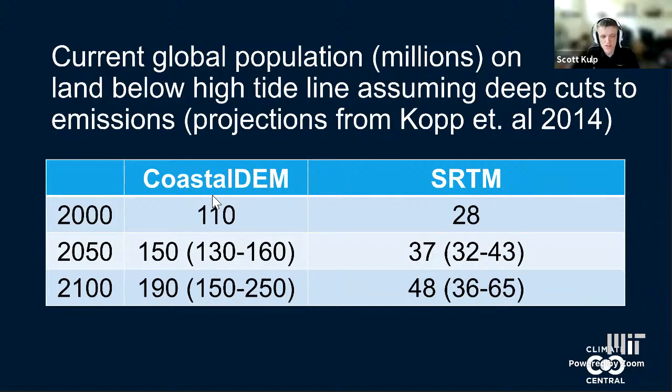This is an interesting one. This is 2000, so this is the estimated number of people under the high tide line today. Both SRTM and CoastalDEM predict a lot today. Again, we don't consider any coastal defenses, so both these DEMs see all of Louisiana underwater and all of the Netherlands underwater today, which is not realistic.